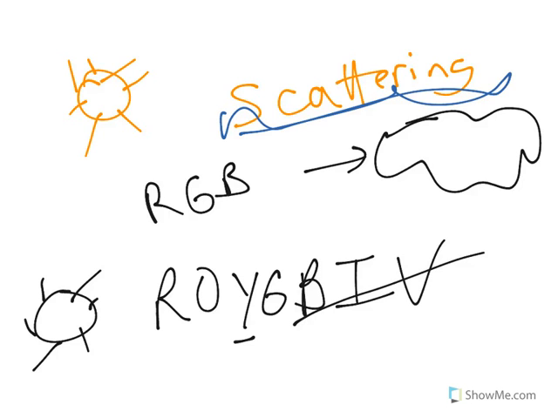But as the sun is setting, more and more of these get knocked out. If green gets knocked out, we're shifted toward orange. If yellow gets knocked out, now we're shifted toward red and orange. And if orange gets knocked out, now we're just red. So the sun appears red when it's right on the horizon because everything else has gotten scattered. And if you have lots of pollution in the air, more stuff will be scattered, so the sunset will be prettier.